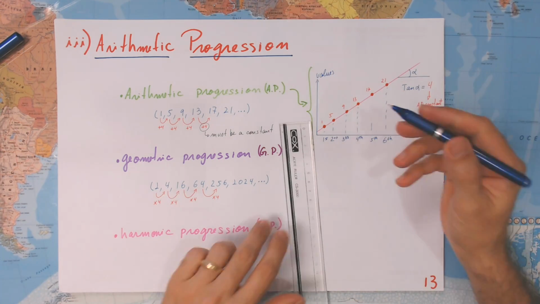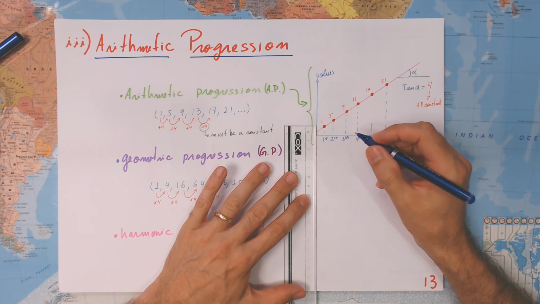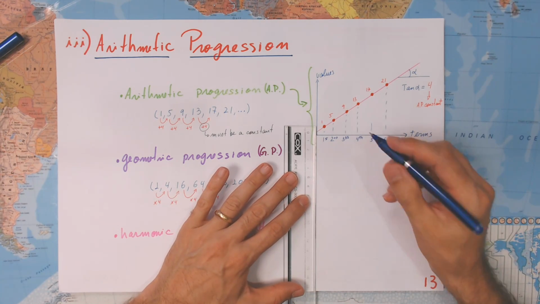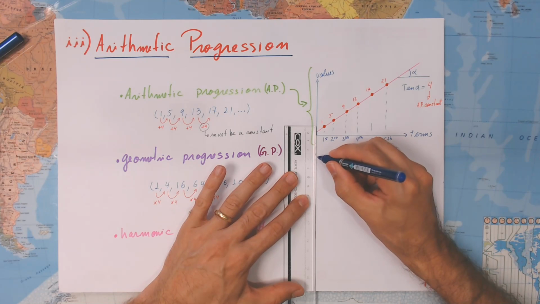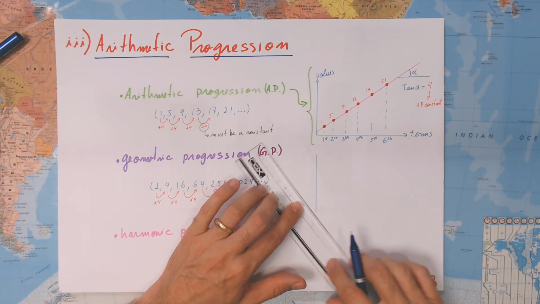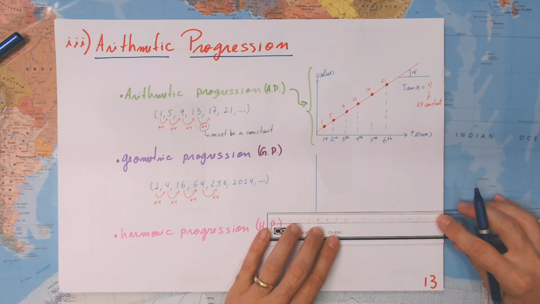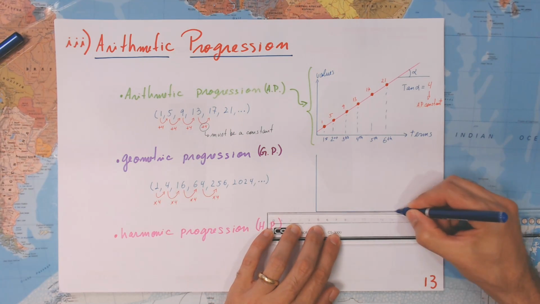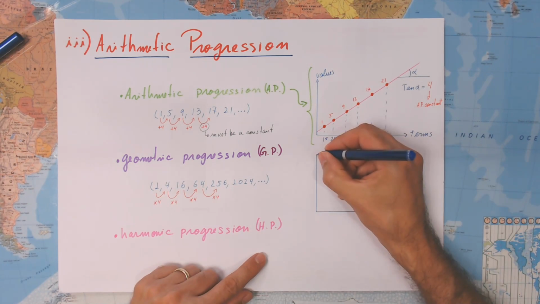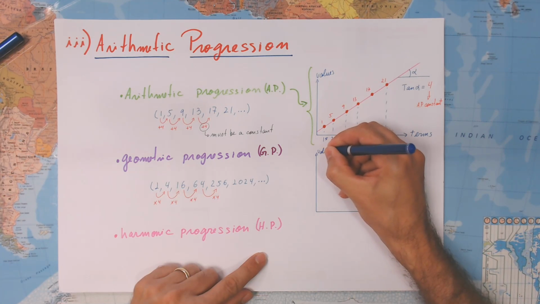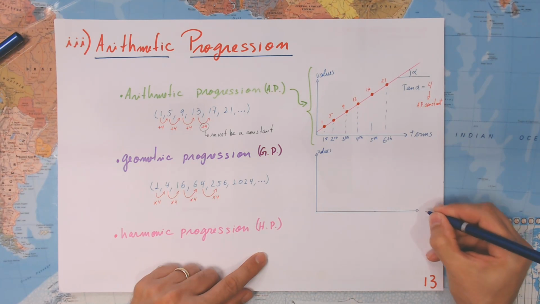And if we would chart the geometric progression, we would get something like this. Again, those are my values, and those are my terms.